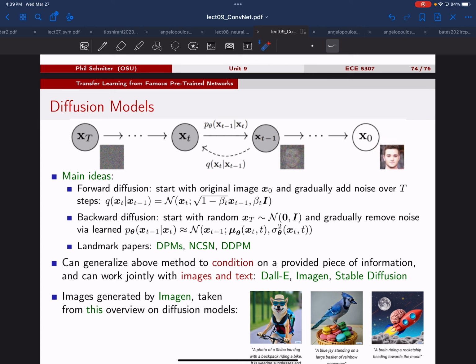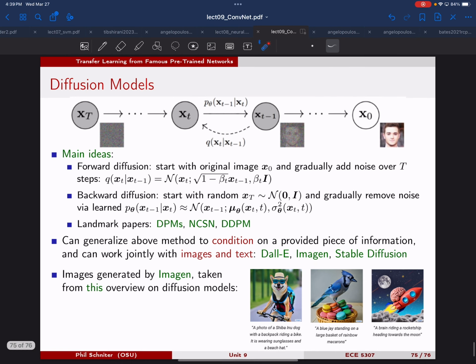And when you work with pairs of images and text, it allows you to exploit something called conditional diffusion, which is all this diffusion stuff, but it also involves conditioning. And what you can then do is you can say, okay, conditioned on the text being this phrase, I want you to generate an image like this.